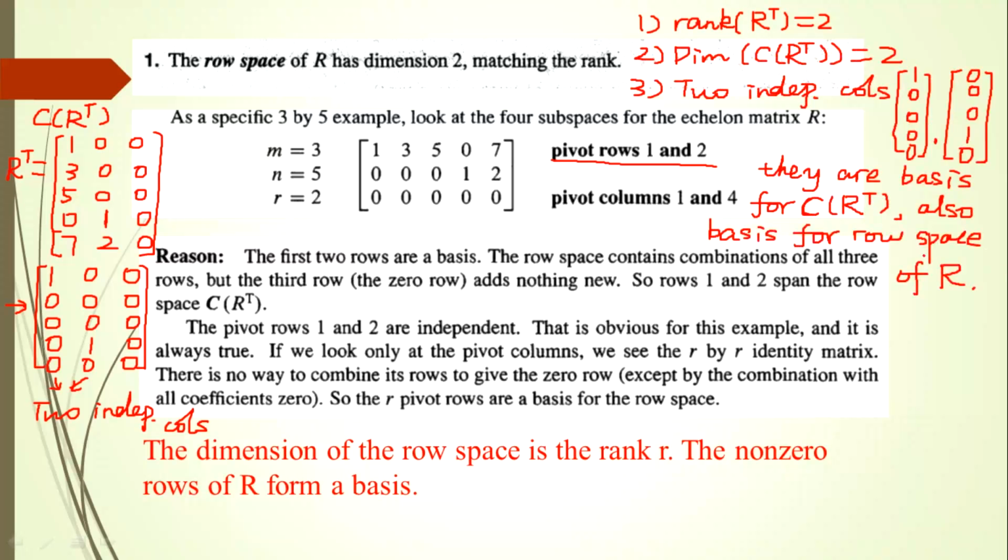The row space of R and the column space of R transpose are equivalent. And one more comment. The column space of R transpose is a subspace of R3 or R5. The row space of R, is it a subspace of R3 or R5?